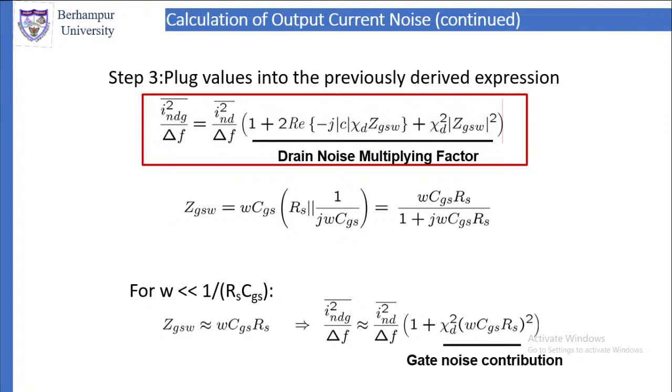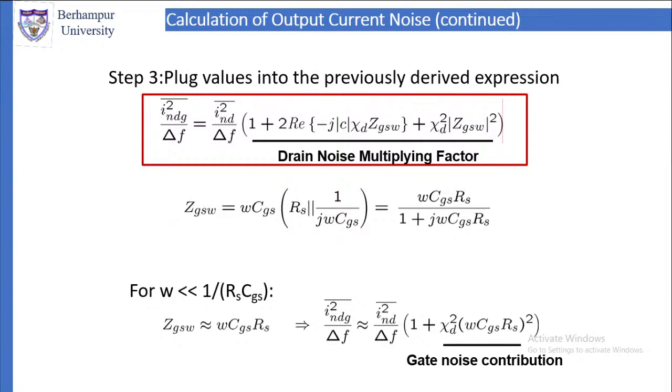Using these values you will get the covariance of NDG current divided by delta F to be equal to covariance of ND current divided by delta F whole into 1 plus ZD square into (omega CGS Rs) square. This second part, ZD square (omega CGS Rs) whole square, is the gate noise contribution.